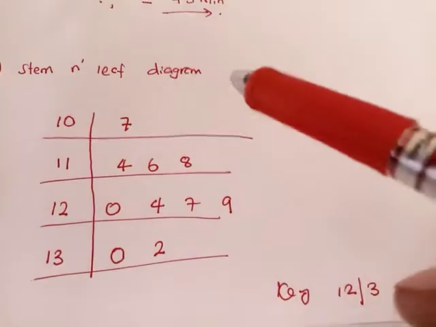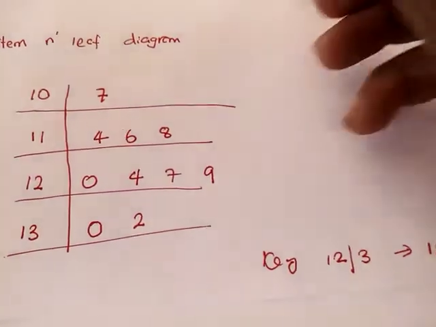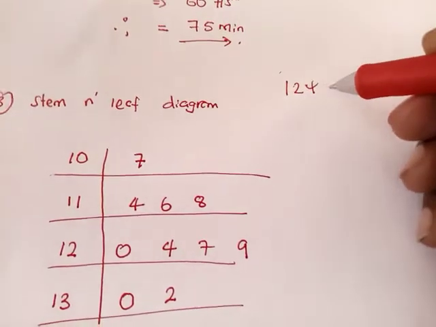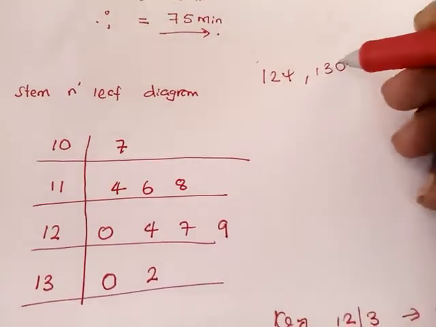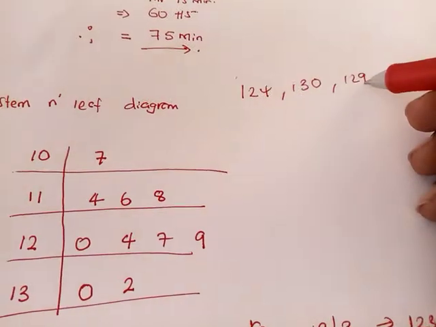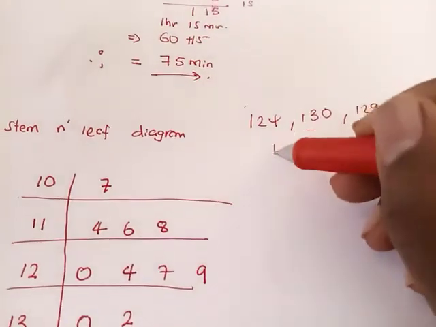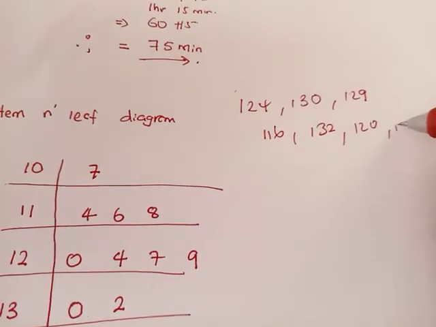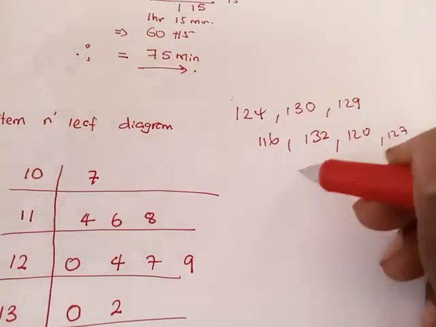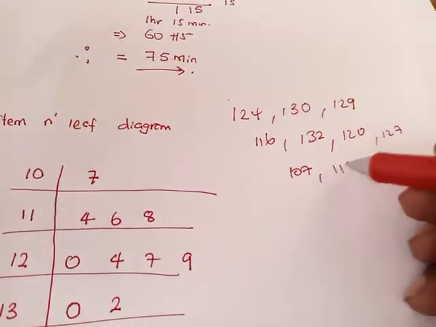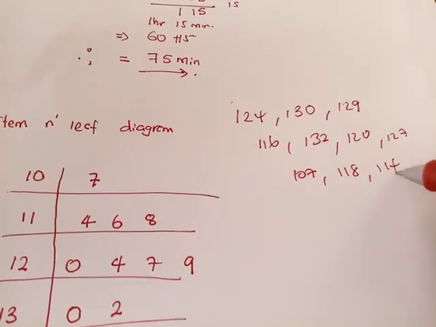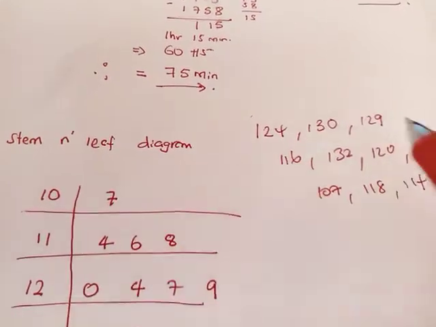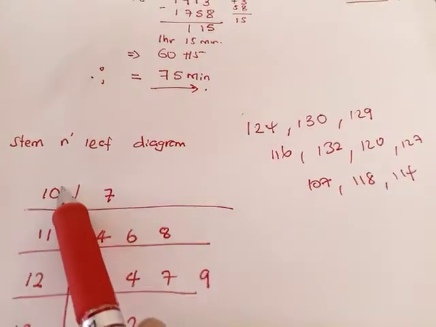So from the contents that were given there, if I can just transfer them here quickly, we had 124, 130, 129, 116, 132, 120, 127, 107, 118, and 114. Okay, so now we begin to look at the first numbers, starting from 10 as given on the guideline.